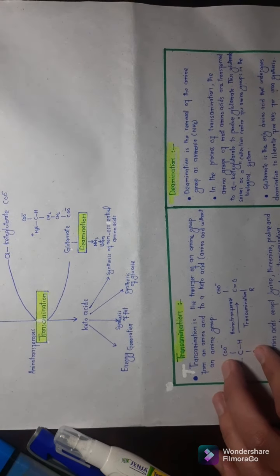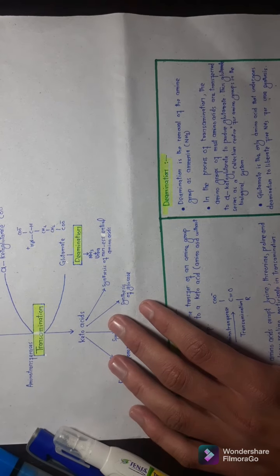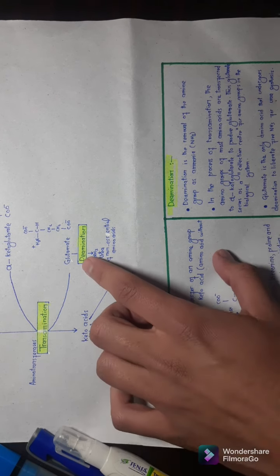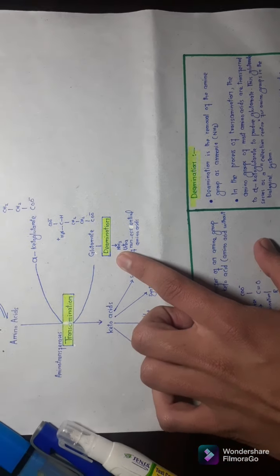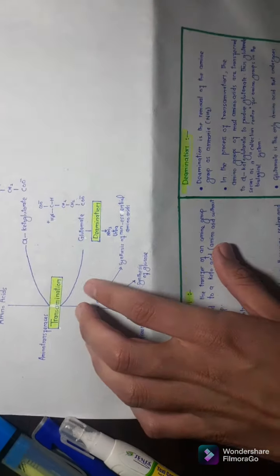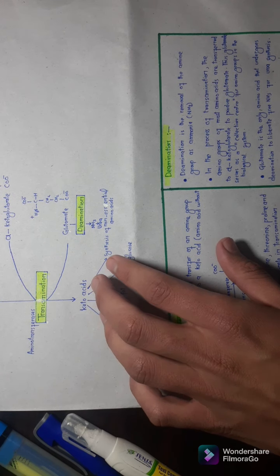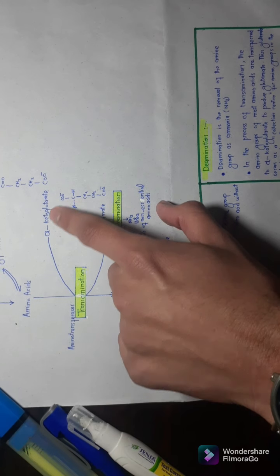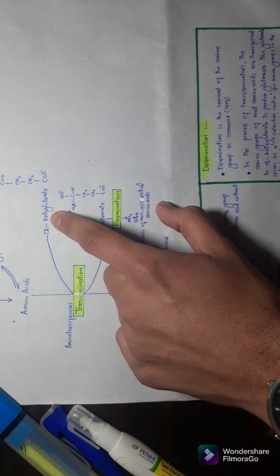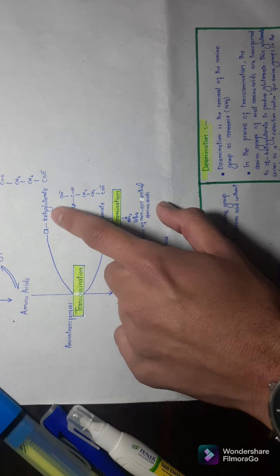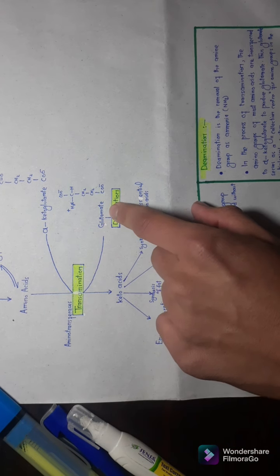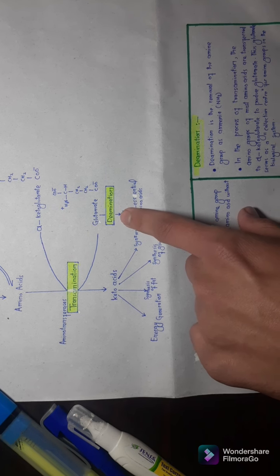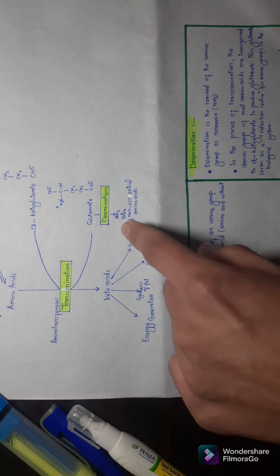Now, what is deamination? Deamination is the removal of the amine group as ammonia, NH3. Okay, so in the process of transamination, the amino group of most amino acids is transferred to alpha ketoglutarate, to produce glutamate, and this glutamate serves as a collection center for amino groups in the biological system.